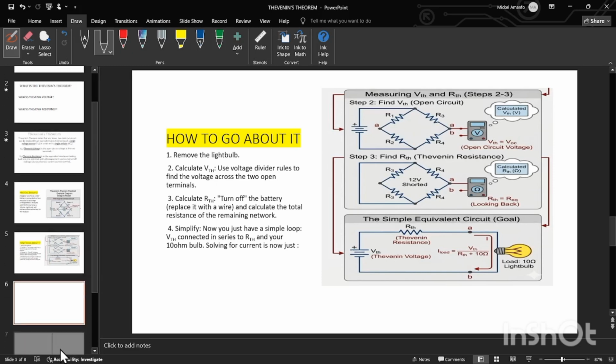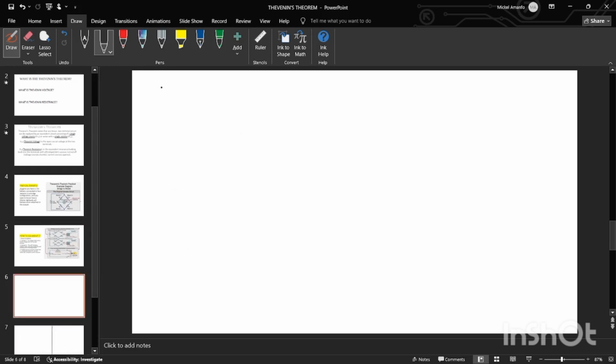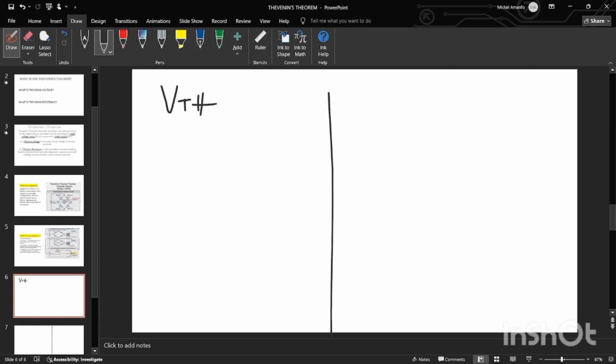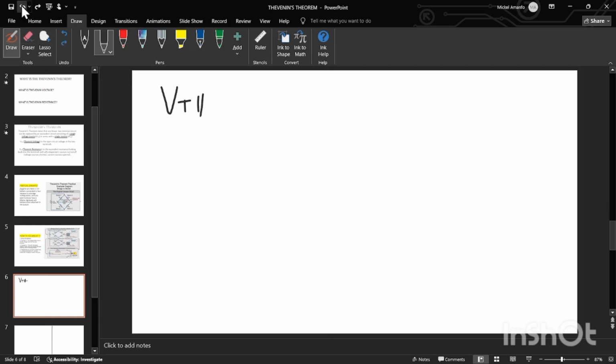So step 2, we have to calculate for the voltage V of TH.